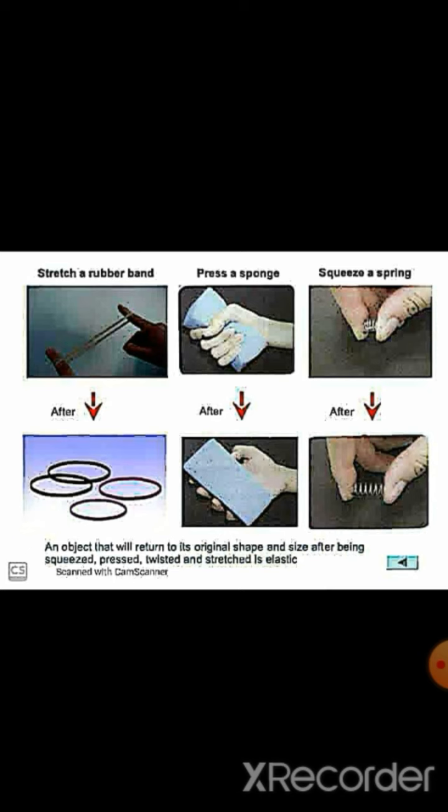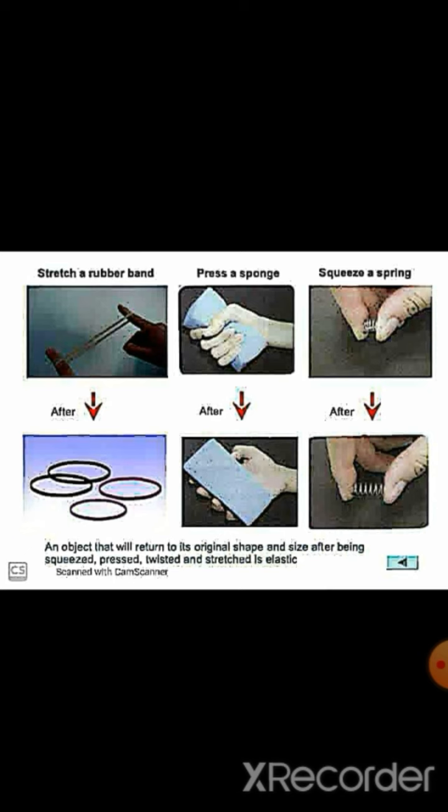Sometimes, when the force is more, the rubber band loses its elastic property and may even break. When you take a sponge and squeeze it, you will observe that it changes its shape. But when you release the force, it regains its shape.